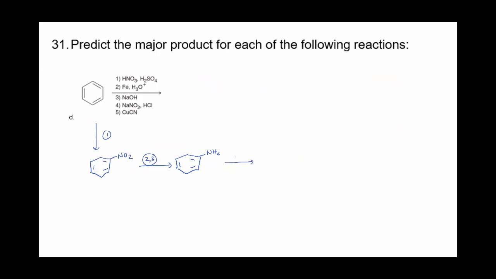The NaNO2 will make N2. And then copper cyanide will make the cyanobenzene. Any questions there?